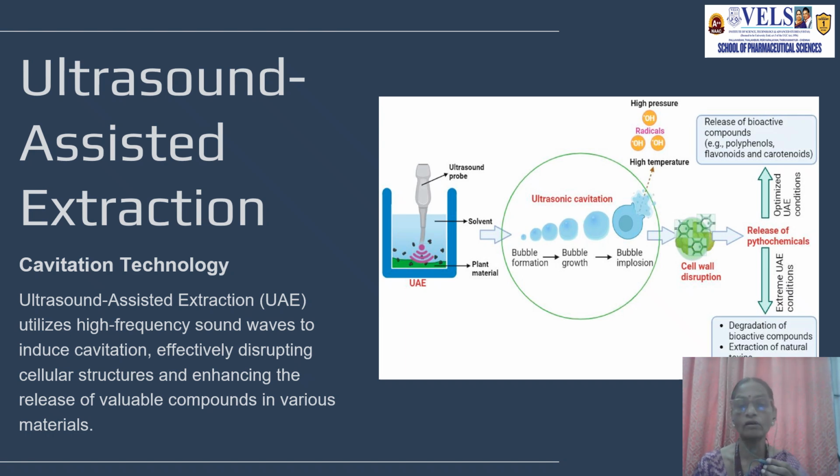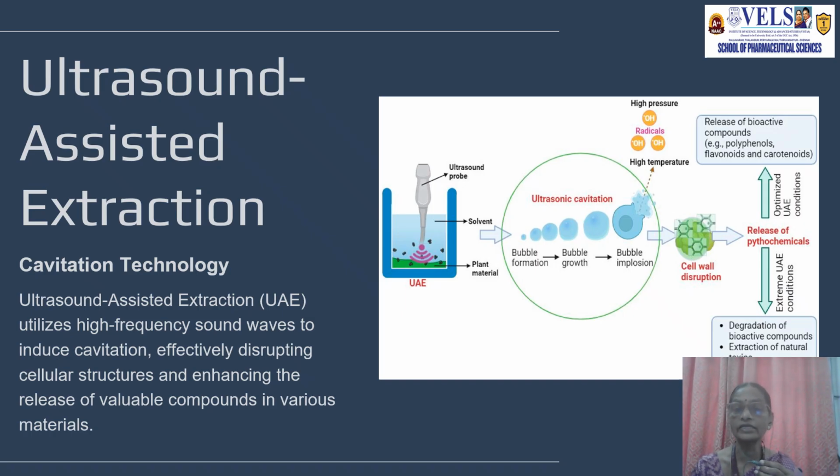There is cavitation of the bubbles, bubble growth. The bubbles disturb the cell wall. Due to cell wall disruption, the phytochemicals inside the cell can be released. So selective phytochemicals can be obtained. High temperature and high pressure radicals are produced here, which cause the breakdown of the cell wall, thereby releasing the compounds.